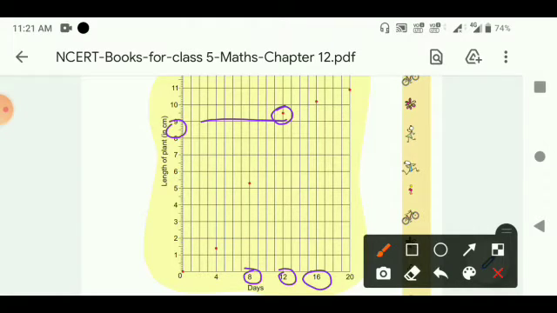Then on 16th day, it grew to here 10, so here 10.2 centimeter. And on 20th day, it grew to here 10, so here 10.9 centimeter. So in this way, he put dots on the chart.